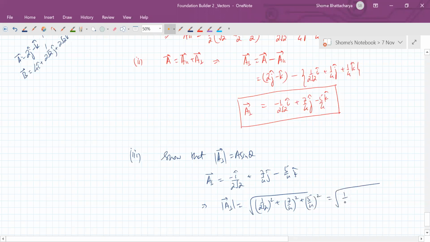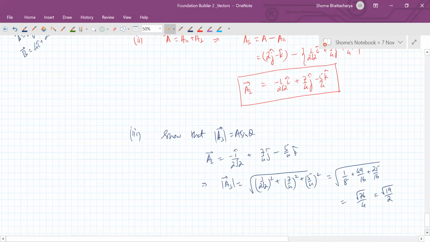So this is 1 by 8 plus 49 by 16 plus 25 by 16. Okay. So that is 51 plus 25, so that is square root of 76 by 4. And that is square root of 99. Okay. So this is A perpendicular magnitude. So this is the left hand side of this equation.